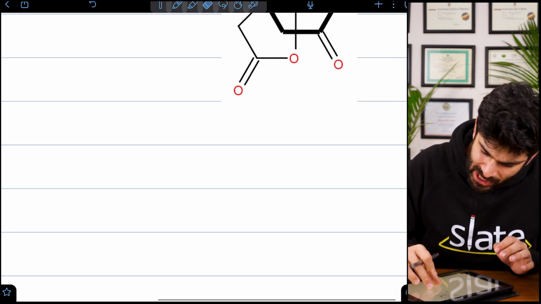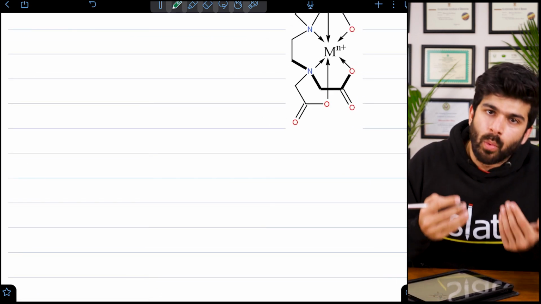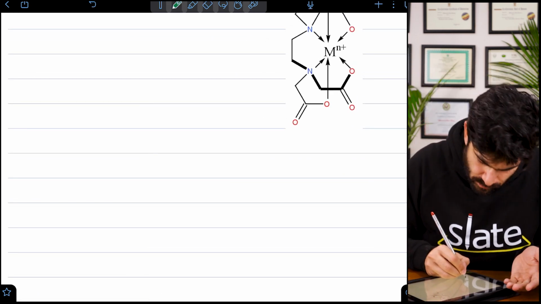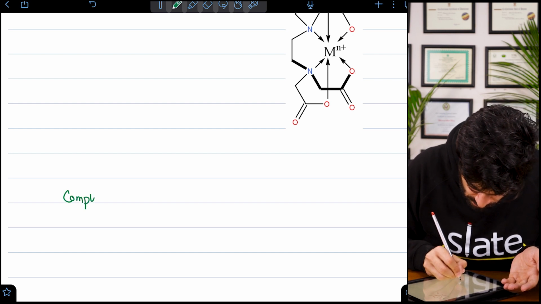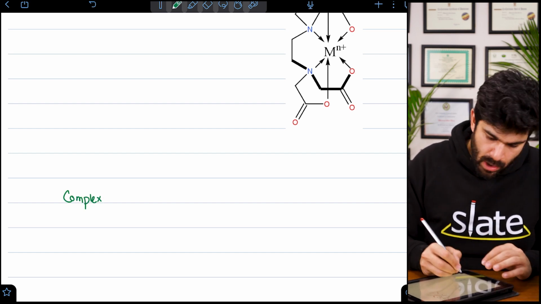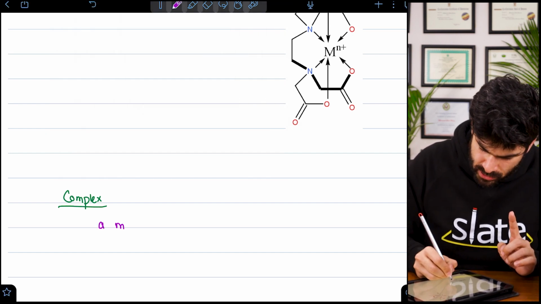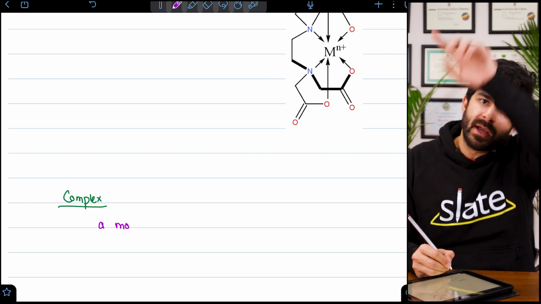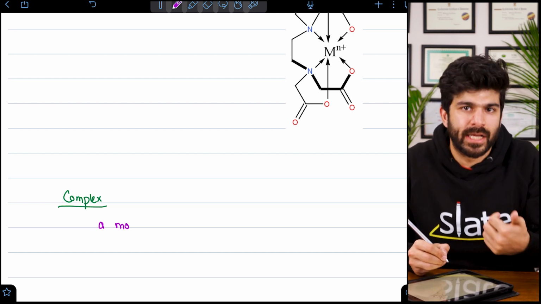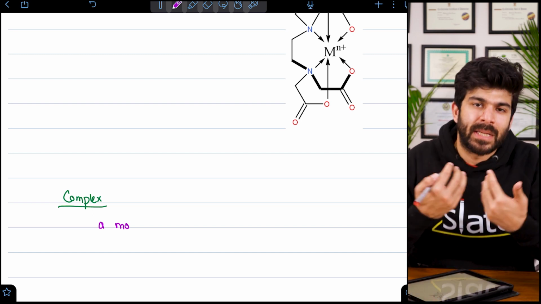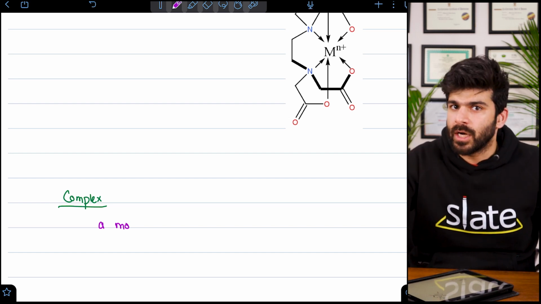So we have talked about the ligand, but let's talk about what exactly a complex is. A complex can be a molecule or an ion, because that depends on the central metal atom and the ligands, because ligands also have charges, and sometimes it depends on both of them, which we will study.